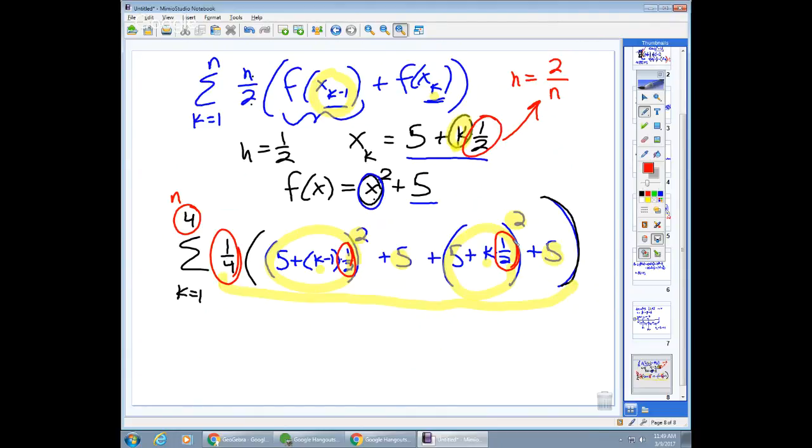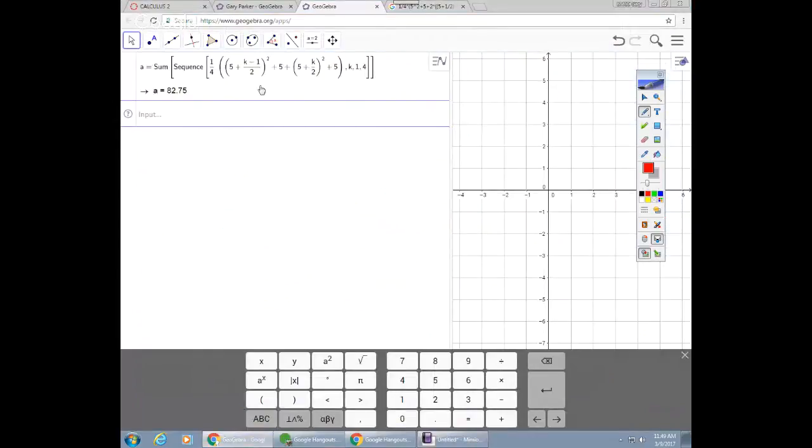GeoGebra actually offers me a shortcut for that. Sort of, because when I enter a function into GeoGebra, it calls it f, and then I can just reuse it that way, which is slightly less stuff to type. So for example, in GeoGebra ahead of time, I could have said, take the function x squared plus 5. What happened?